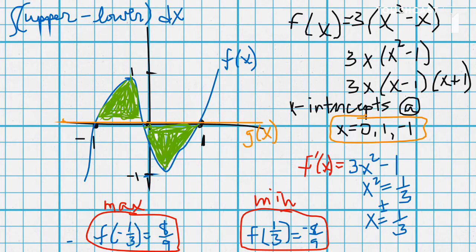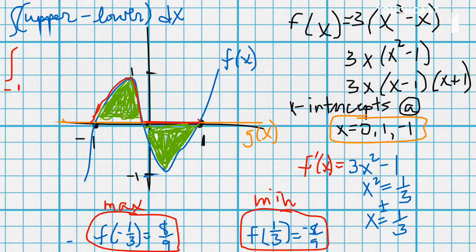So in the beginning, the upper curve is f of x, but once I get to 0, 0, then the upper curve is g of x. So I'm going to need to split this and do two separate pieces.